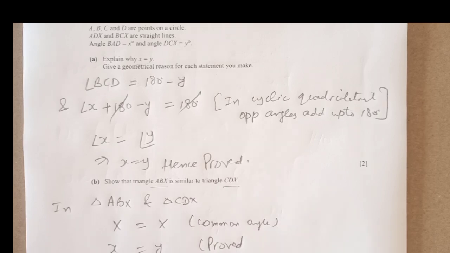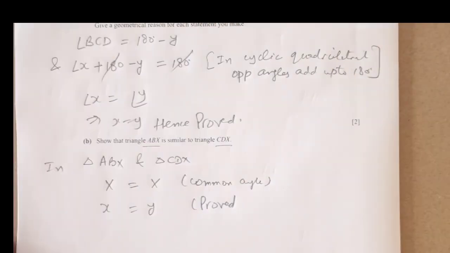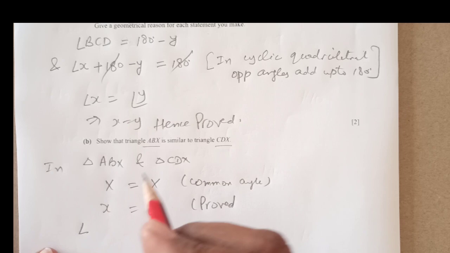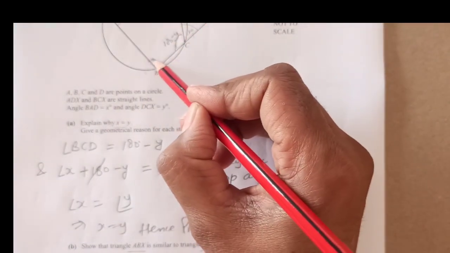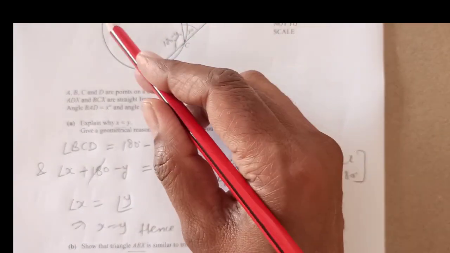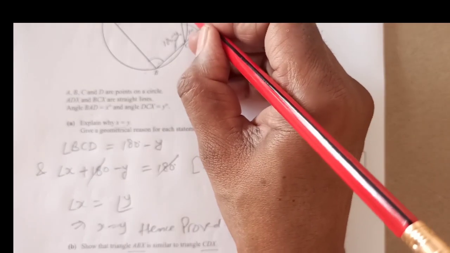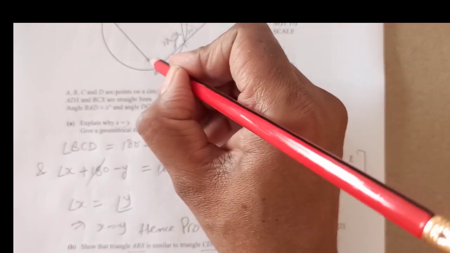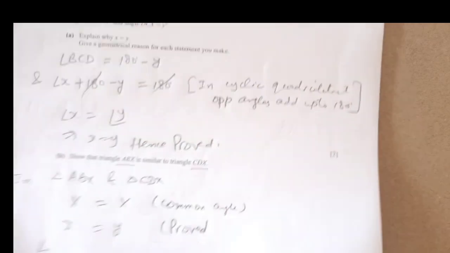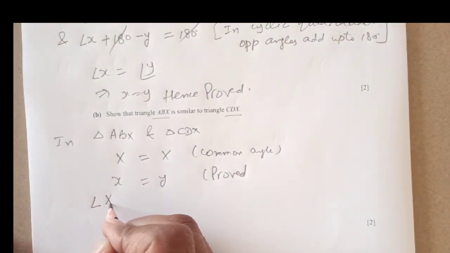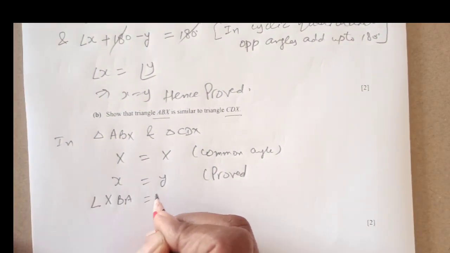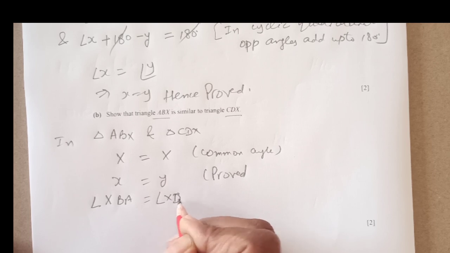We have just proved it, X is equal to Y. And then we will have angle XBA, this angle, is going to be XDC, this angle. These two angles are equal, right? So XBA is equal to angle XDC.